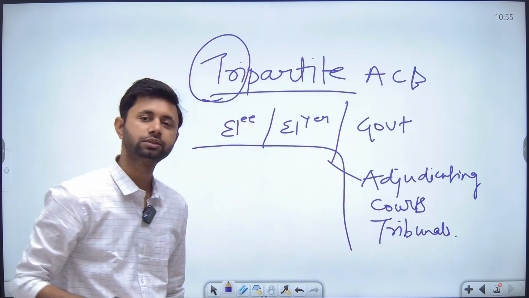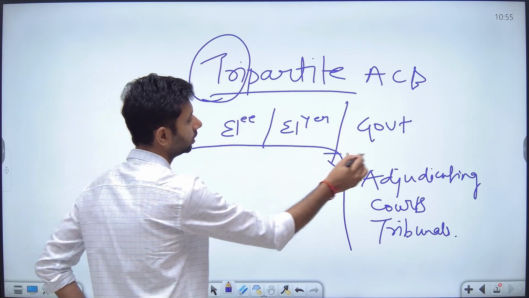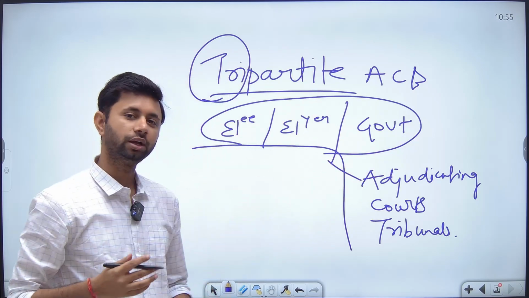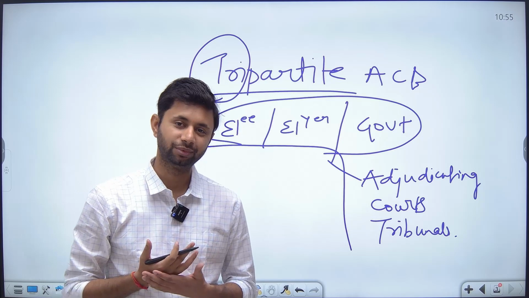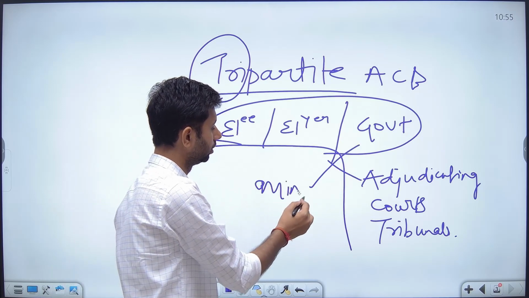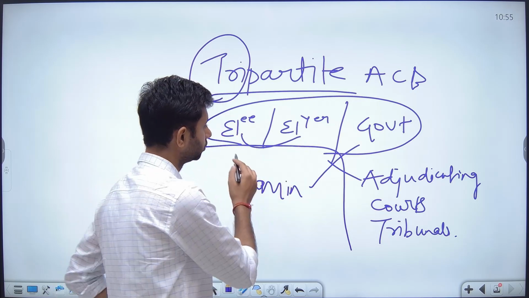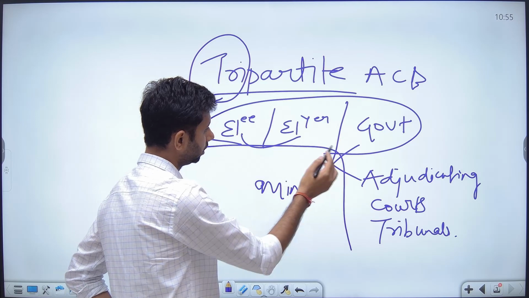All three parties are involved in a negotiation. Here the three can sit and talk about the basic minimum wages, because government sets minimum wages, and based on that, these people also function. So this can be one approach.